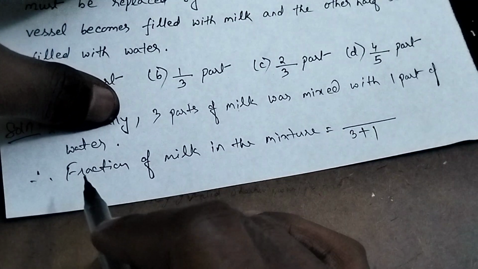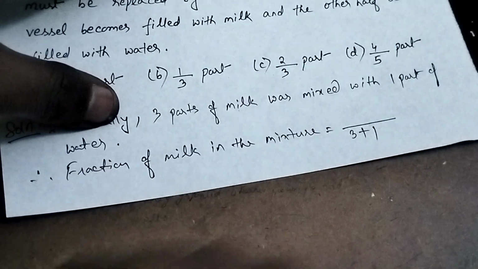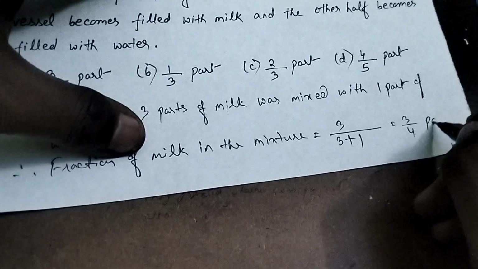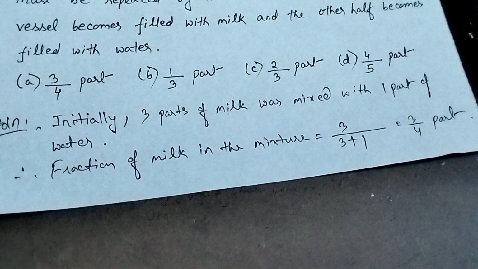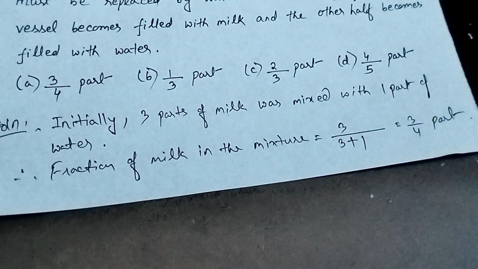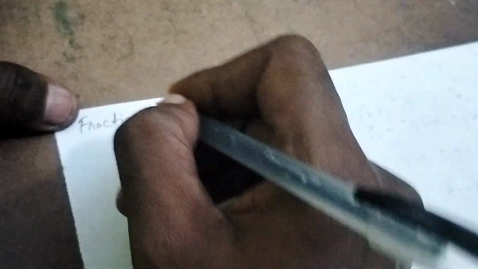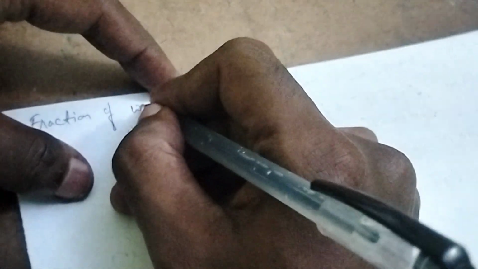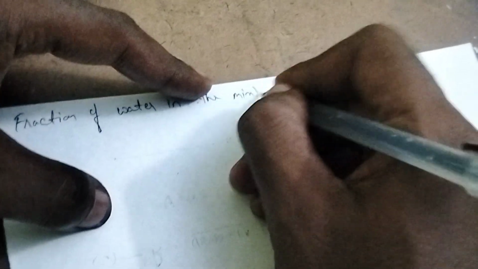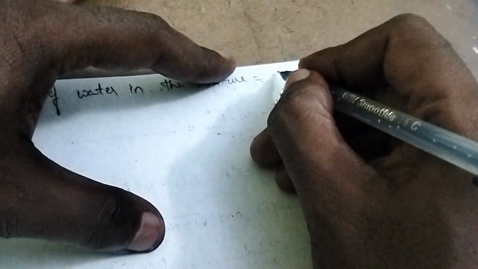Among that, the fraction of milk in the mixture is 3 by 3 plus 1, that means 3 by 4 part. The fraction of water in the mixture is 1 by 1 plus 3, that means 1 by 4 part.